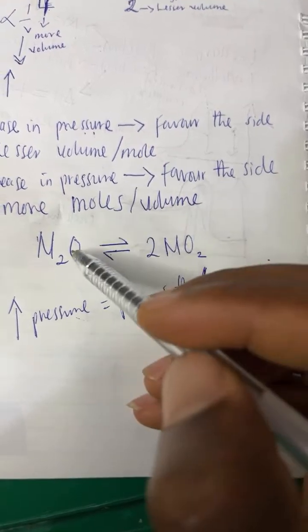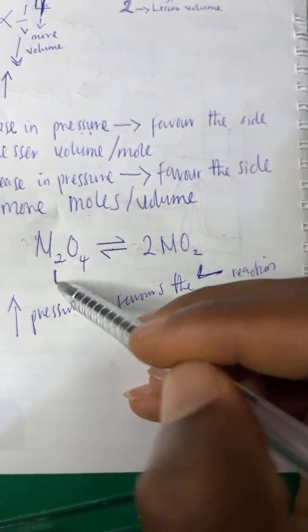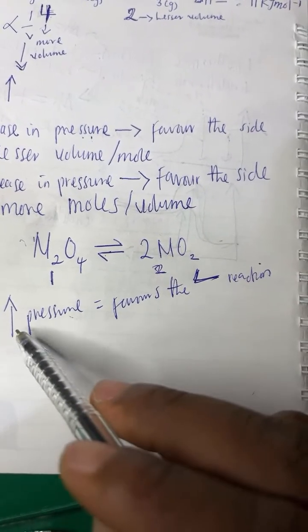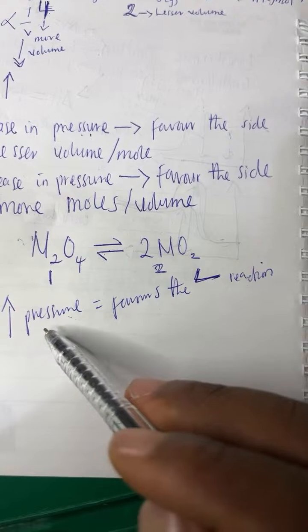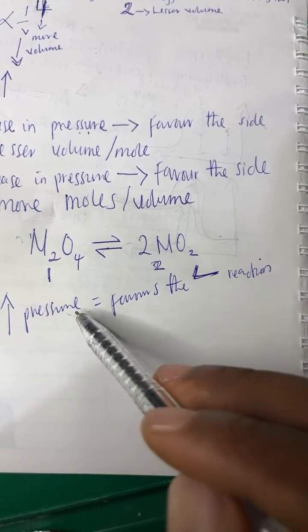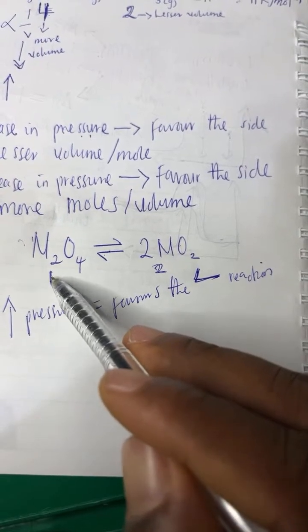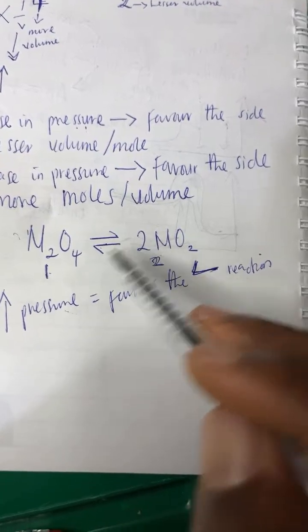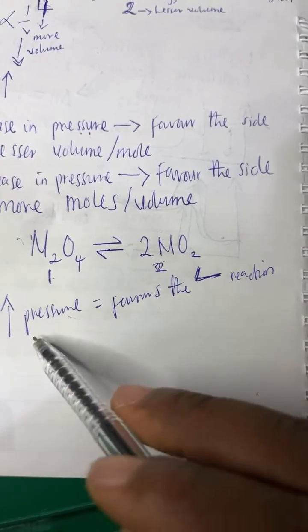Why? At the reactant side, we only have 1 mole. At the product side, we have 2 moles, right? And I said that if there's an increase in pressure, it will always favor the side with lesser mole. This side has 1 mole and this one is 2. Which one is greater? This one is greater, so this one is lesser mole. So the backward reaction will be favored if there's an increase in pressure.